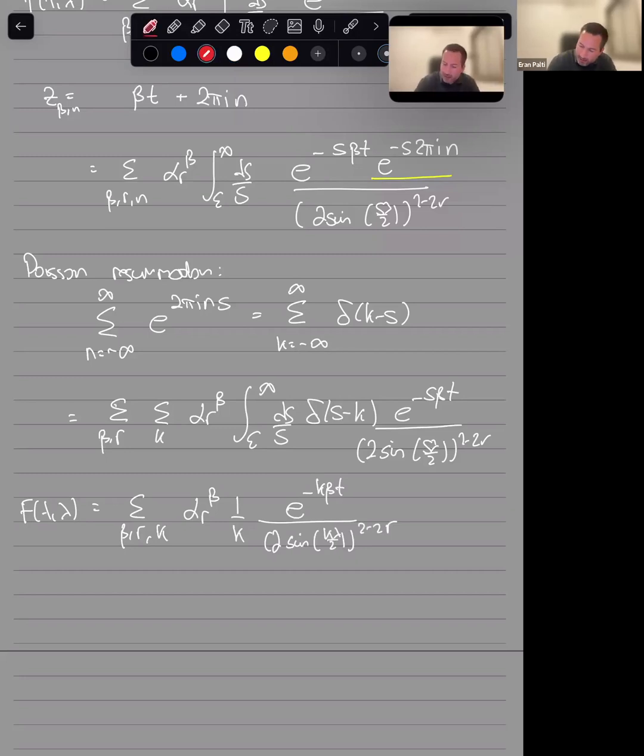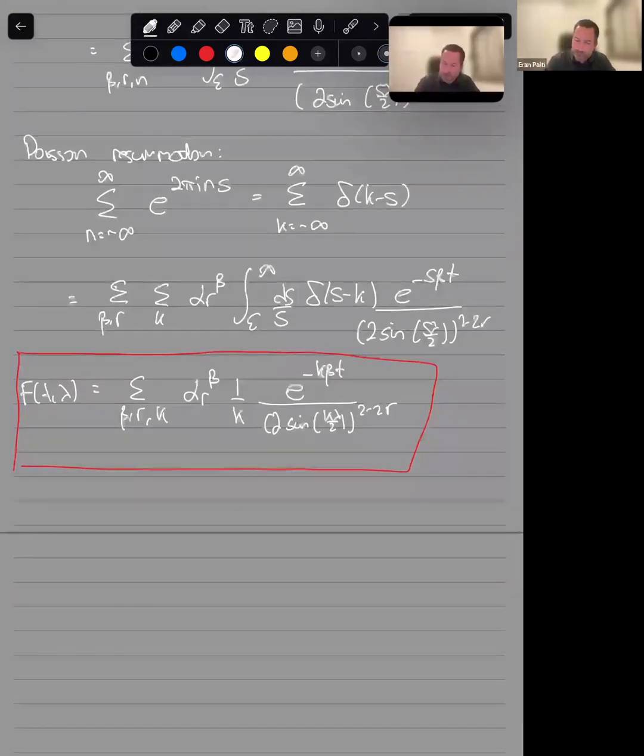Okay. So this is just a simple way to do the integral using Poisson resummation. And this is usually the way that you find the Gopakumar-Vafa expression in most research papers, as a sum over integers. And these are the Gopakumar-Vafa invariants. Okay, are there any questions?